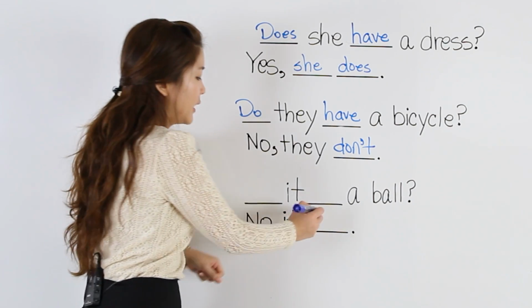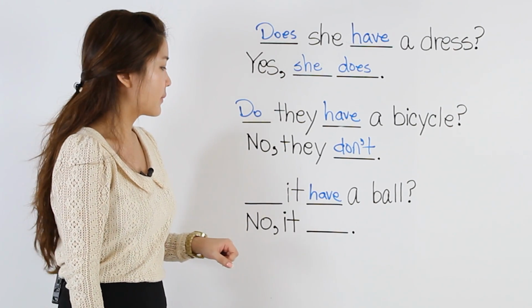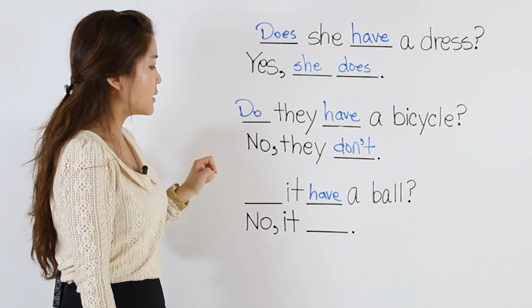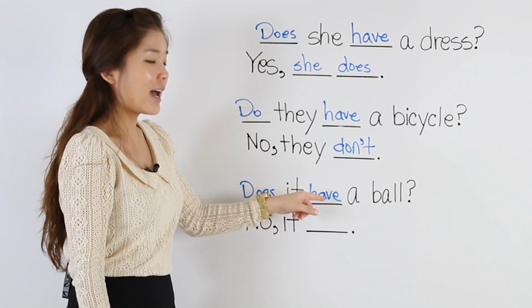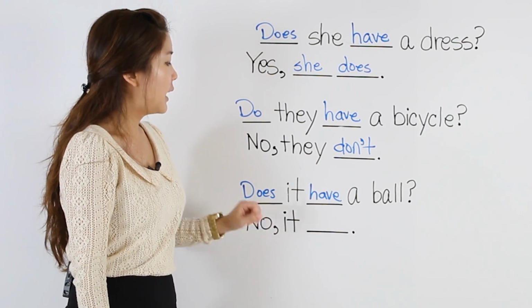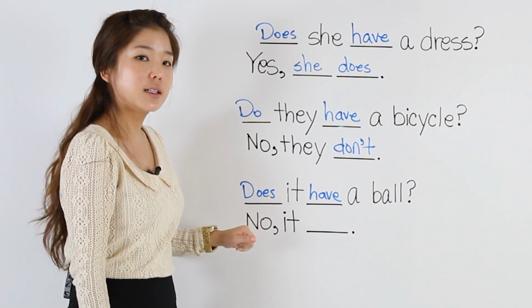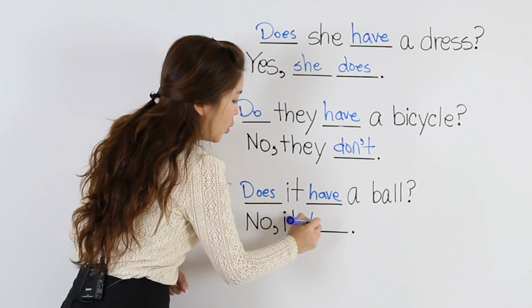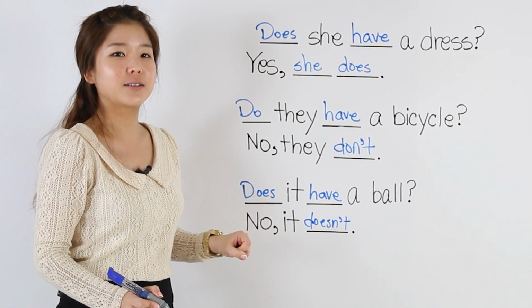Okay, and again, we have over here it. Which one, do or does? The answer is does. Does it have a ball? Again, the answer is negative. No, it does not. Or the contraction, no, it doesn't.